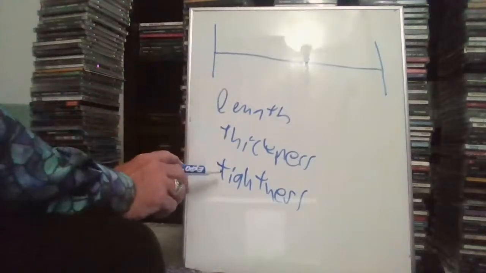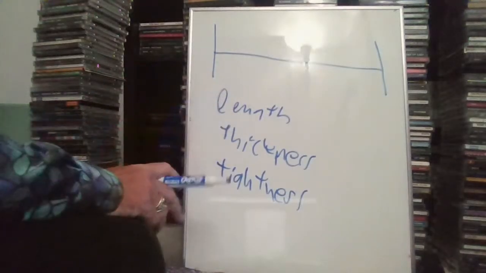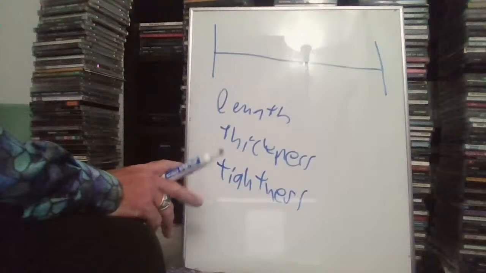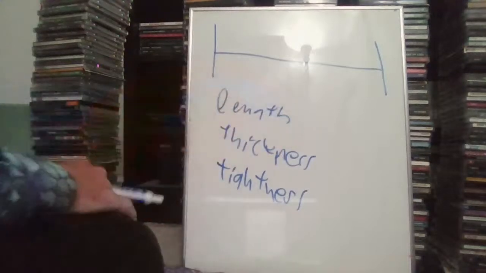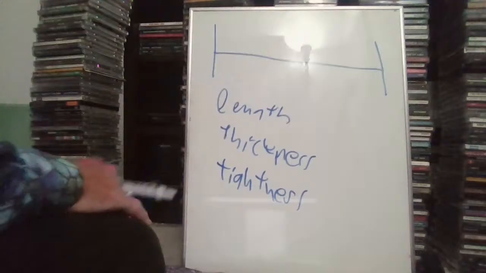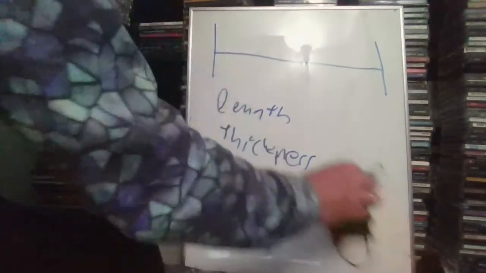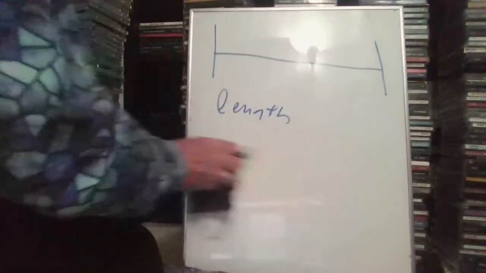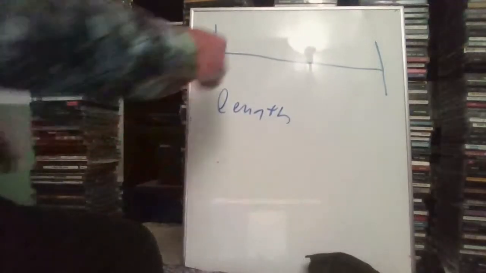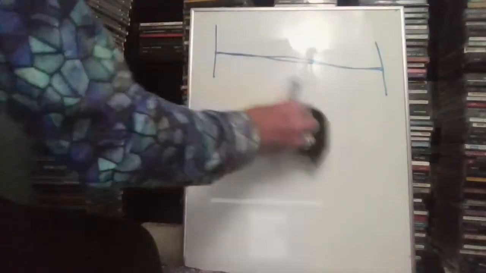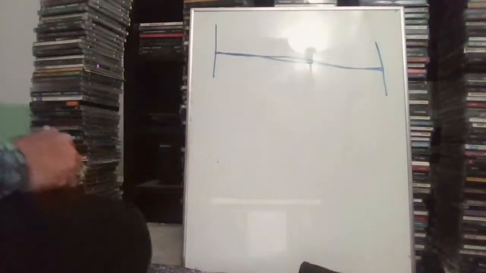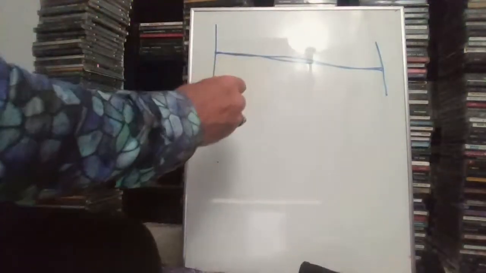If thickness and tightness are kept constant, or time invariant, TI, we have length as the main variable. Just keep the same thickness and the same tightness, but just look at the length. So then length would be the variable here. This is the length. Length would be like the period.